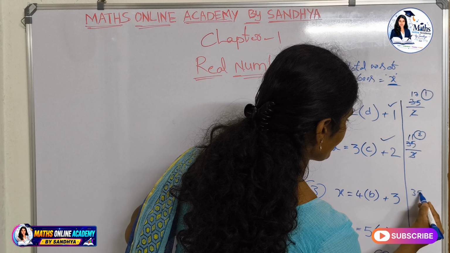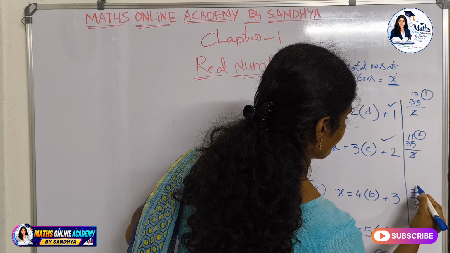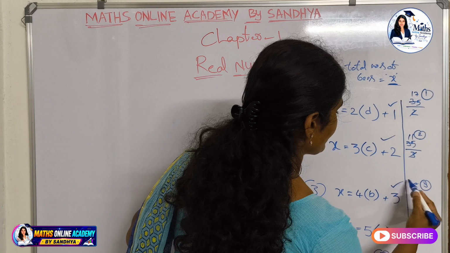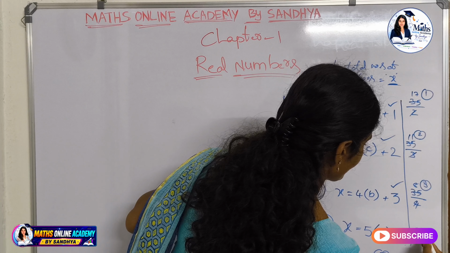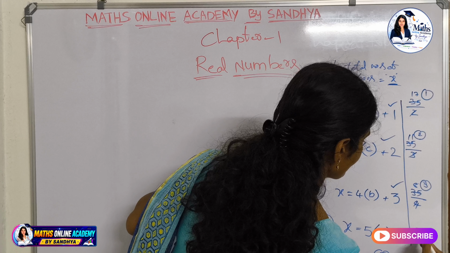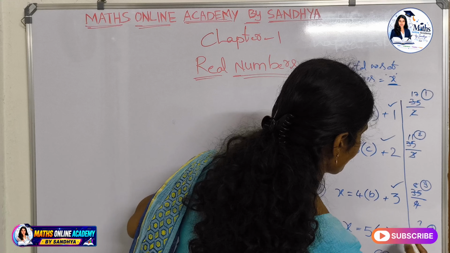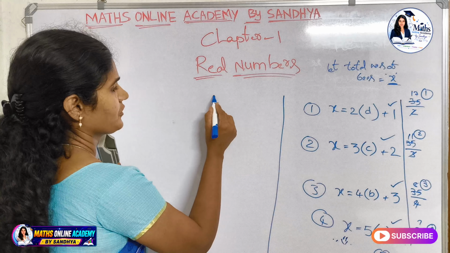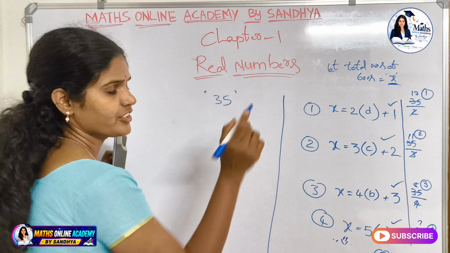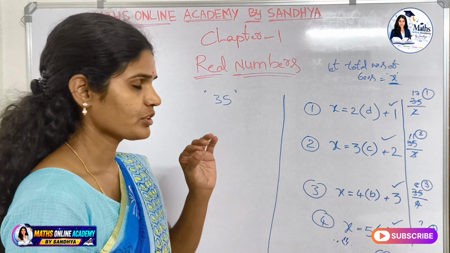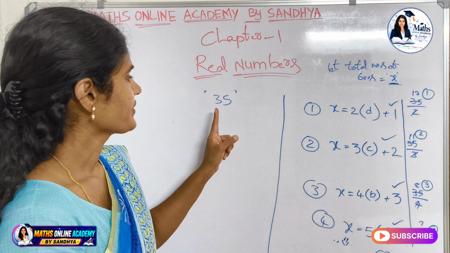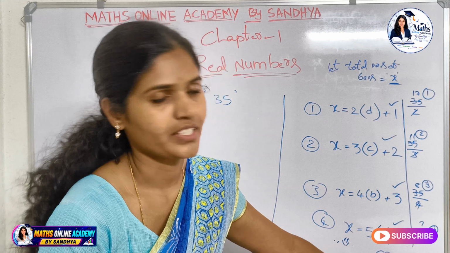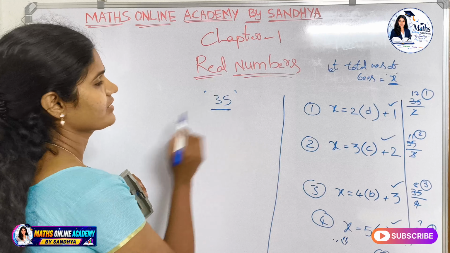And 35 by 4, the remainder is 3, so this one is also satisfied. 35 by 5, 7, the remainder is 0. This one is also satisfied. So the final answer is 35. All conditions are satisfied. So the total number of bees is 35, and that is also less than 50. So this is the answer.